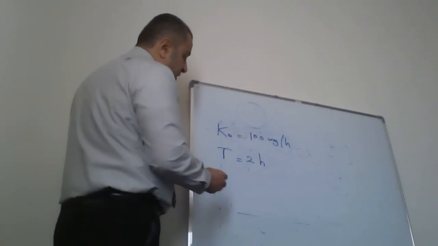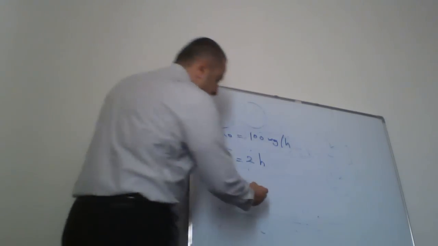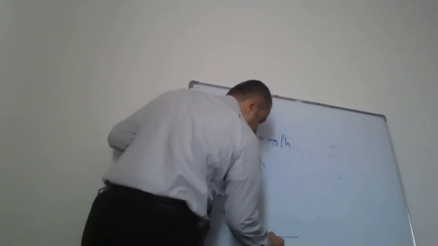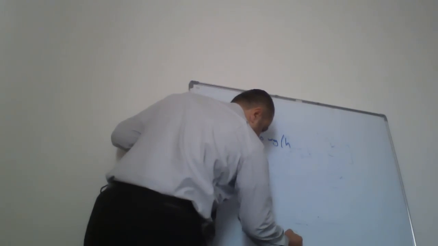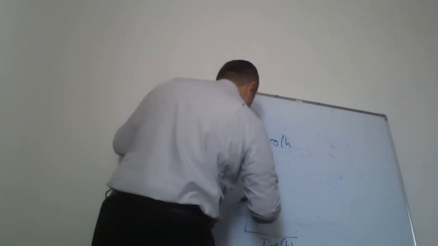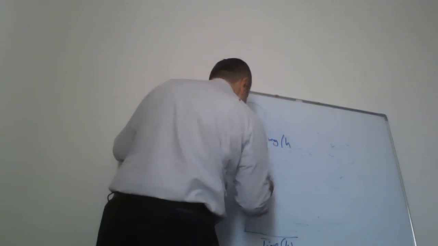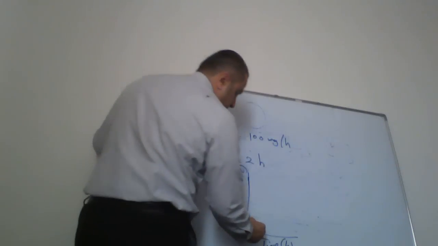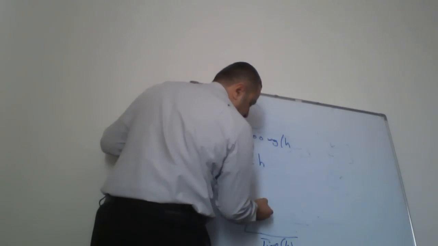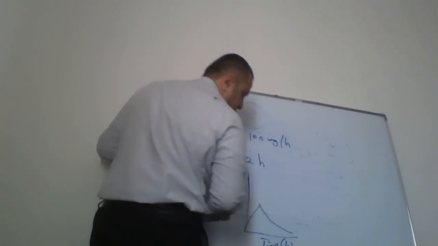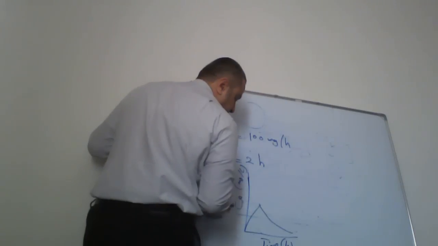So in this data you have time. Let's just imagine it as a graph. Time in hours with concentration in milligram per liter. Imagine that this is the infusion, and then this is the mono-exponential decrease for concentration.